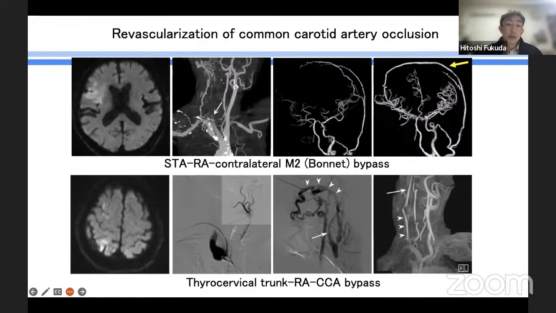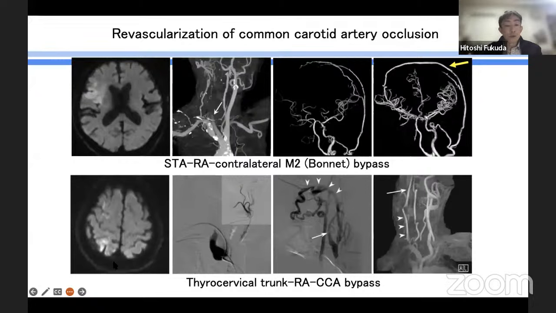Because the patient didn't have an open cervical carotid bifurcation, but has a large STA extending contralaterally, we bypassed this. We bypassed from the STA frontal branch to contralateral M2 bypass. This is also called bonnet bypass.